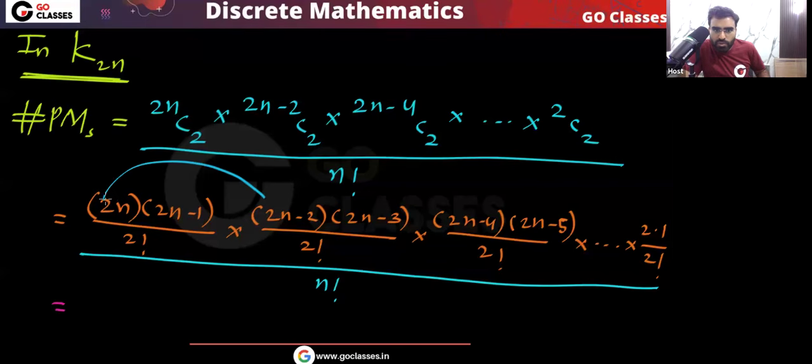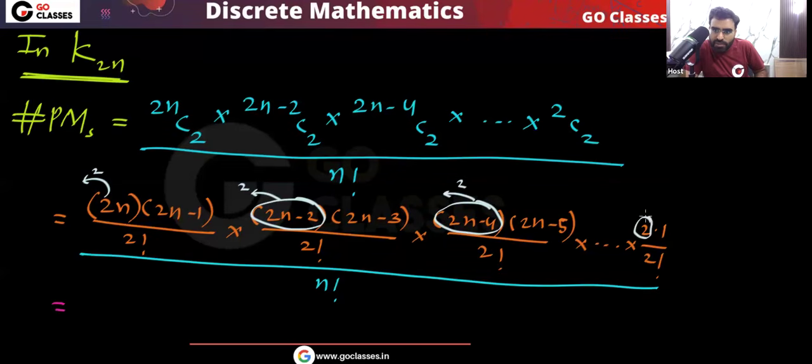Now you can notice one thing. Here you can take 2 out, here you can take 2 out, and from here also, and from here also. Are you getting my point?